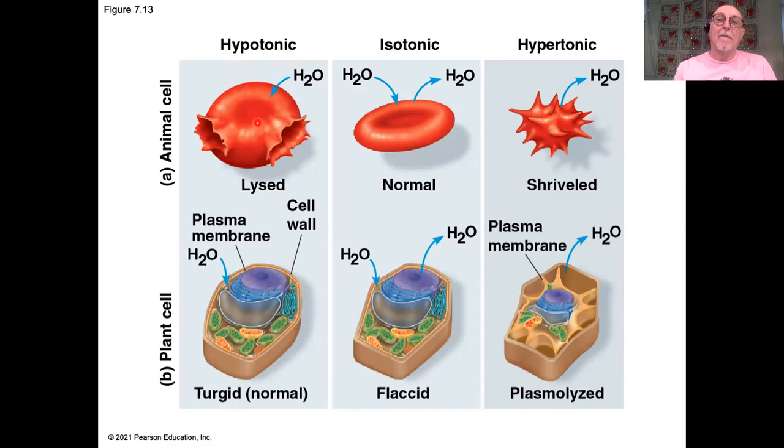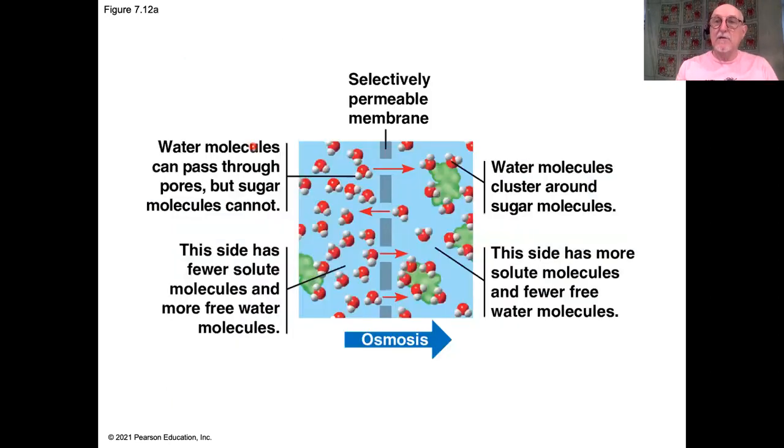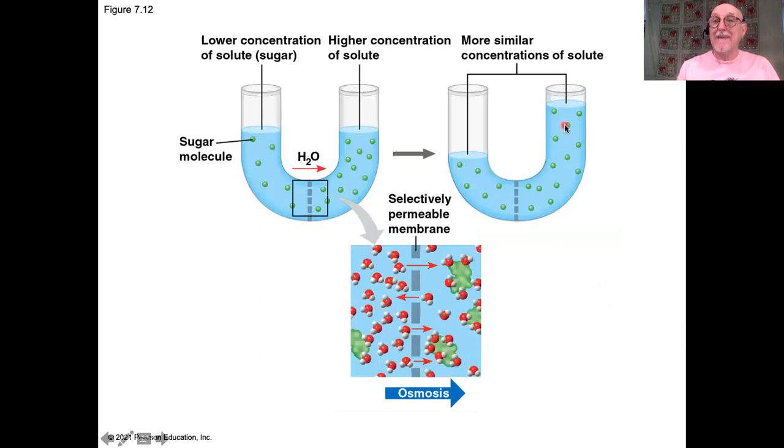What is going to happen? The concentration of water out here is much higher than it is inside the cell. Water is going to flood into the cell through the aquaporin channels, and the cell is going to begin to expand. The volume inside is going to increase just the way the volume here increased.